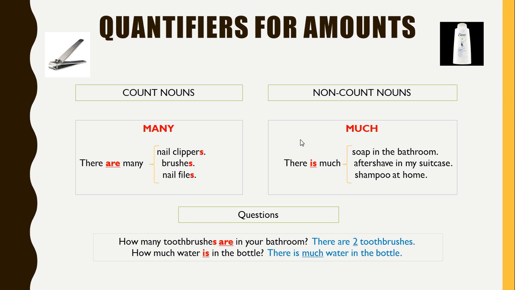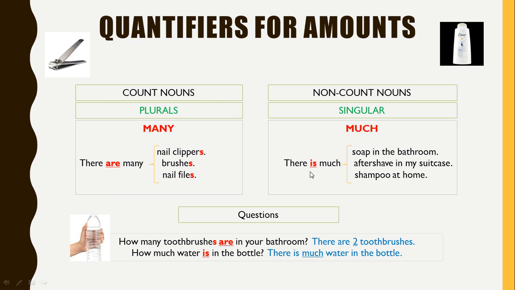And for questions, how many toothbrushes are in the bathroom? There are 2 toothbrushes. How much water is in the bottle? There is much water in the bottle. Remember that for non-count nouns, we always use the singular form. There is.